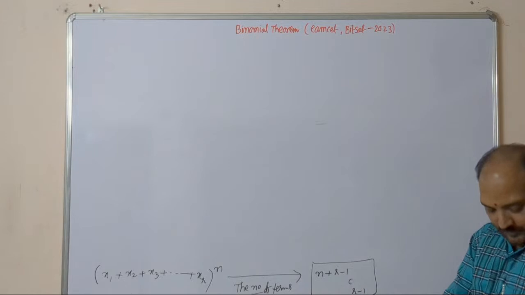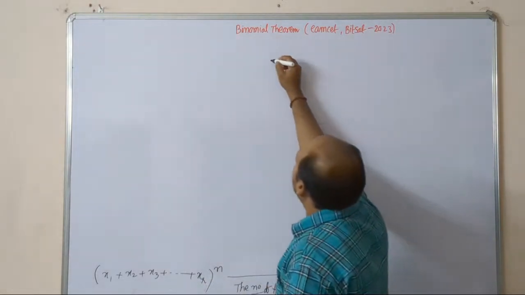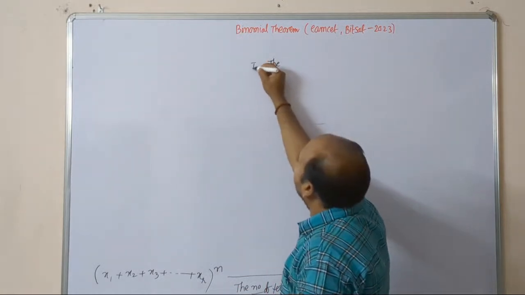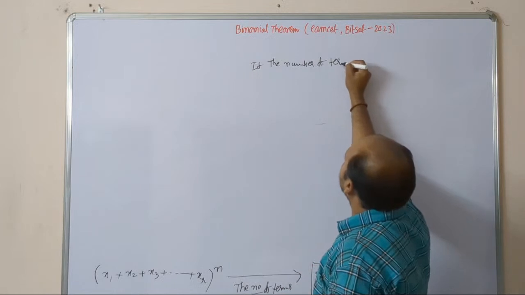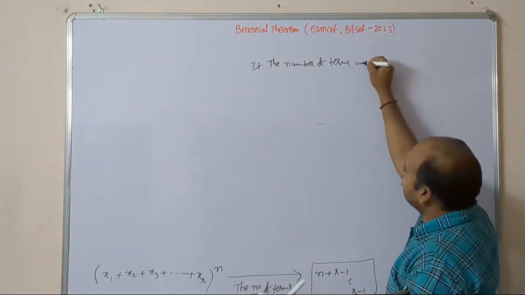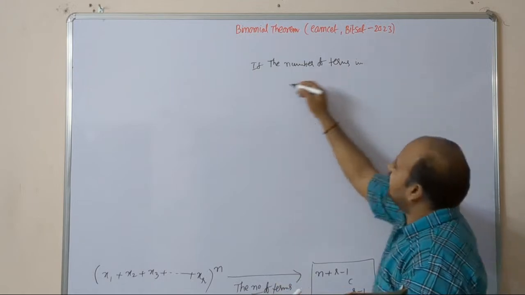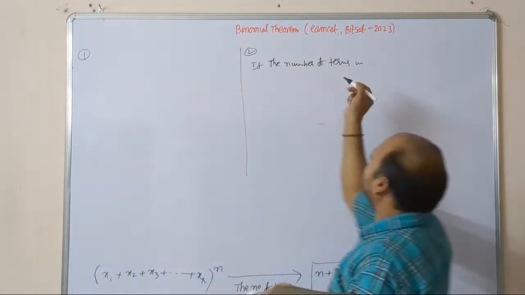So for example, the number of terms, 2 questions, I will write it here. This is question number 2, question number 1 also I will write it here. Both I will explain.